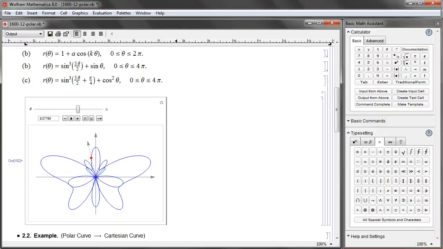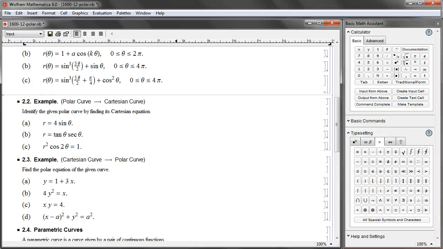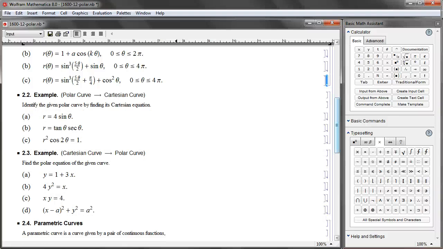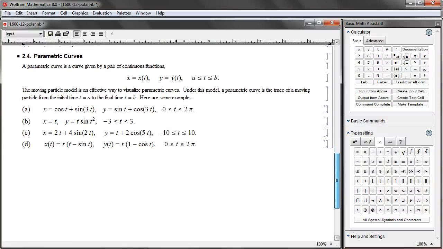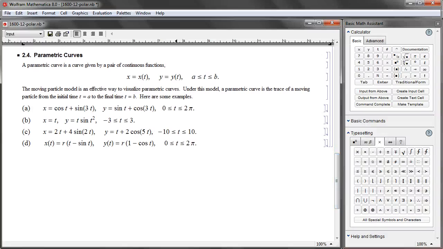Okay, those kind of things are examples of polar curves. Curves given by r equals a function of theta. Now, in general, we can go beyond polar coordinate system and consider even more general type of picture.